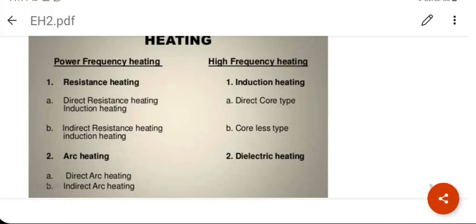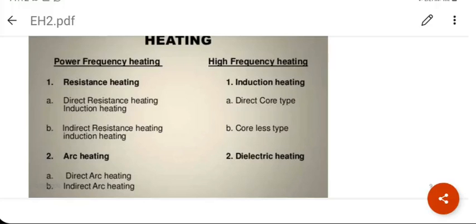Power frequency means 50 hertz or 60 hertz. Resistance heating, we have seen this many times. Arc heating is another low frequency technique where you don't continuously produce heat. Instead, you produce an arc which generates a lot of heat energy at a very high temperature, and then you use that. So in some cases, that is more preferred than supplying continuous heat.